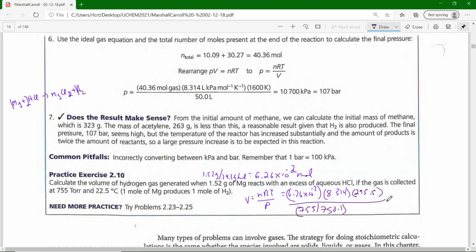But you divide by 750.1 because I want it in kilopascals. So it'll cancel out with the kilopascals and the R value. So 6.26 by 10 to the minus 2 times 8.314 times 295.5 divided by 755 over 750.1.